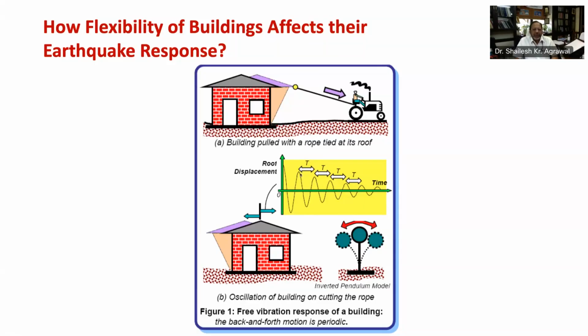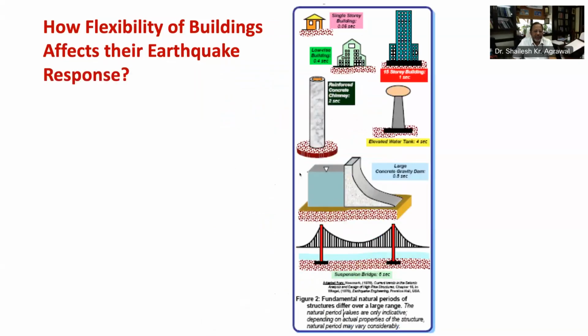In general, taller buildings are more flexible and have large mass and therefore have longer fundamental natural period, that is T. On the contrary, low to mid-rise buildings generally have shorter T, means low-rise buildings are comparatively rigid. Now let's look at this figure number 2, which gives you examples of natural period of different structures.